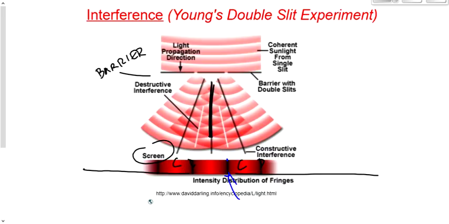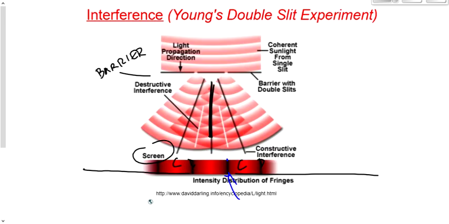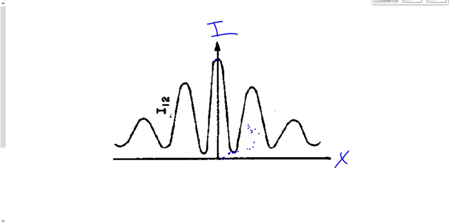And then beside that, what do we get? Well, we get another area of constructive interference right here. But notice the intensity is lower. So going back to our demonstration a minute ago, that second bright spot, the one that was beside our central bright spot, would have been less intense than the first bright spot.